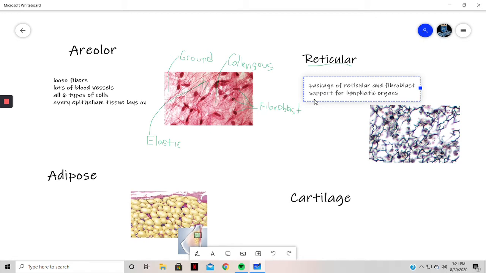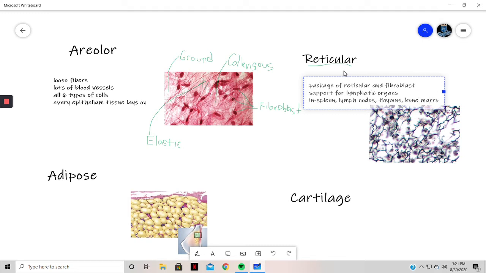Okay, so that means you're going to find them in places, I'm just going to put a little hyphen there. You can't see the hyphen because my mouse is in the way. Let me move that out of the way. And so things associated with the lymphatic system, like the spleen, lymph nodes, the thymus, and also bone marrow.